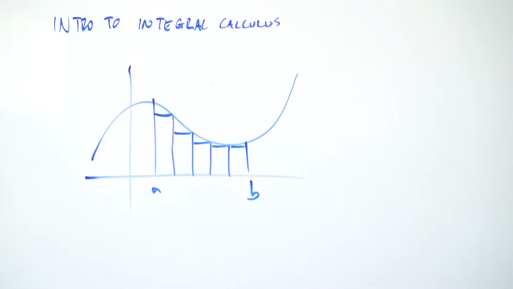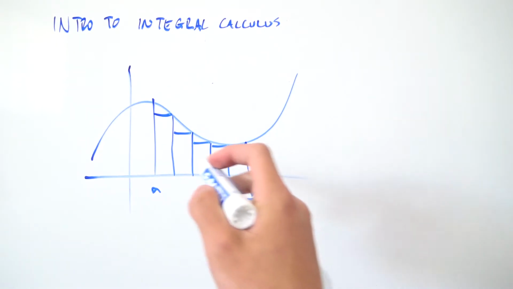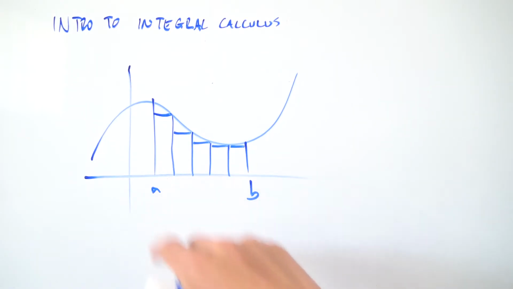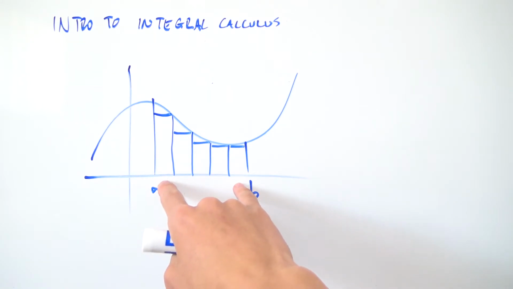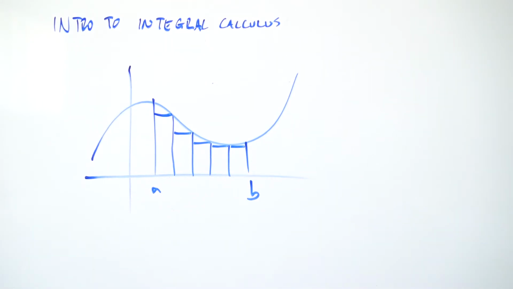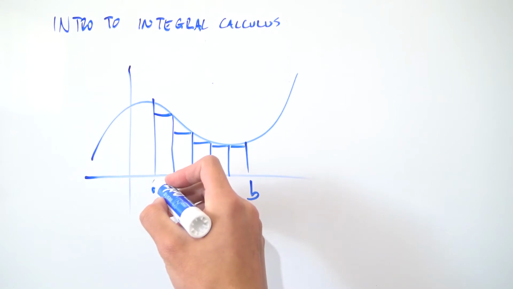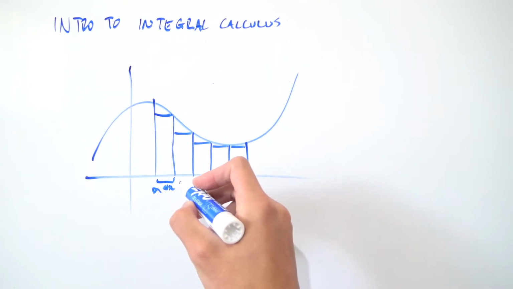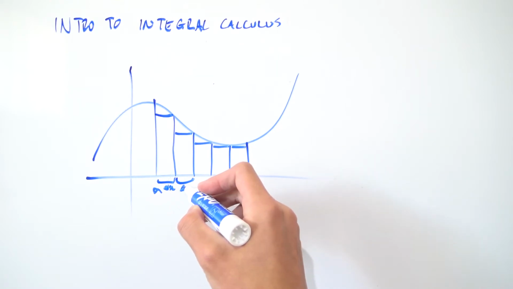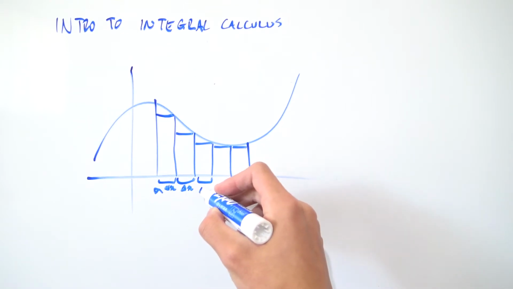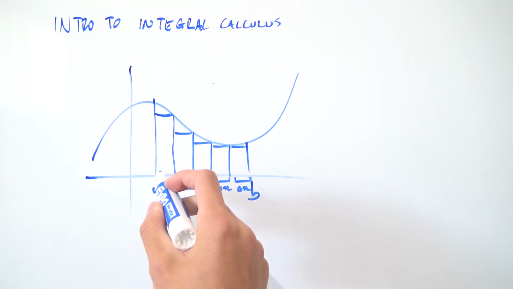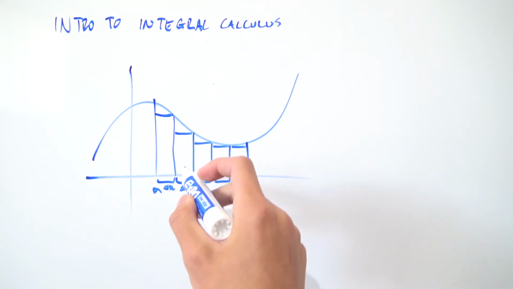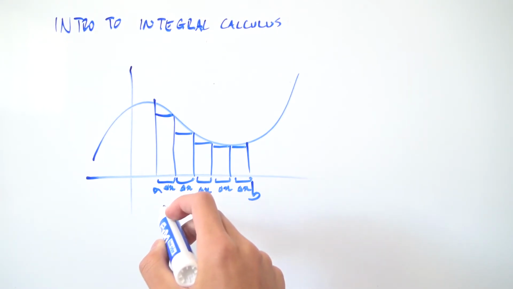So I'm just going to touch on a little bit of mathematics in this video. Let's try and find an expression for the approximate area of this curve using all these rectangles. When we do this, we let the width of each of these rectangles be some small change in x, and we call it delta x. So each of these will have a width of delta x. Then notice that we're dealing with multiple x values, so we're going to give each of those x values a name.